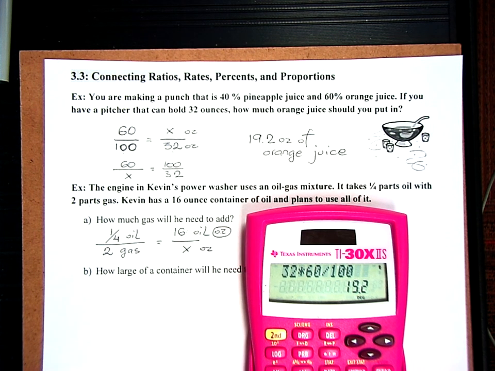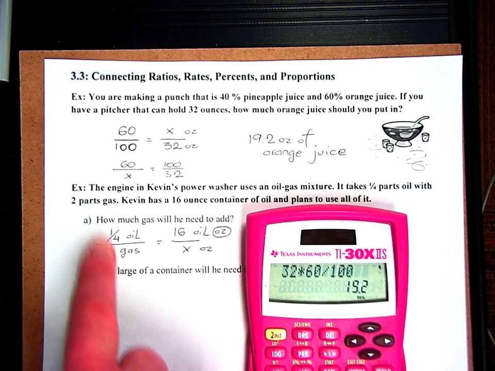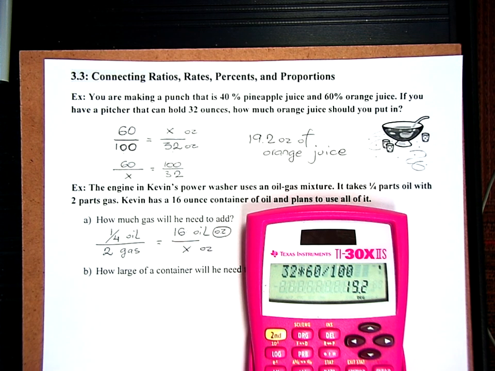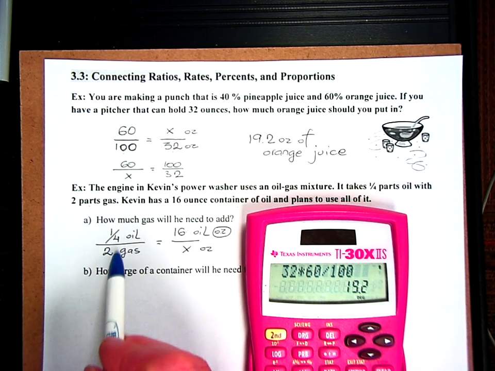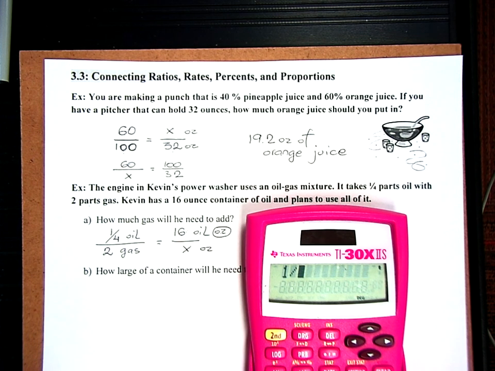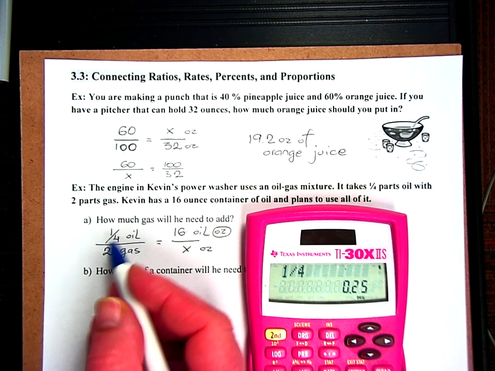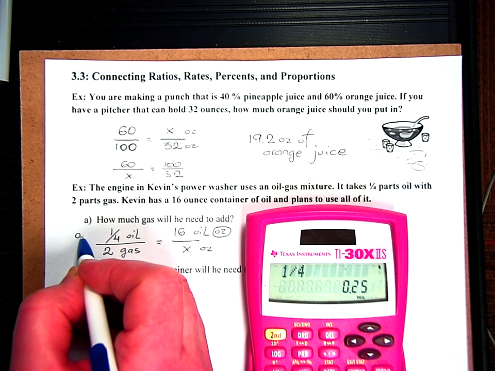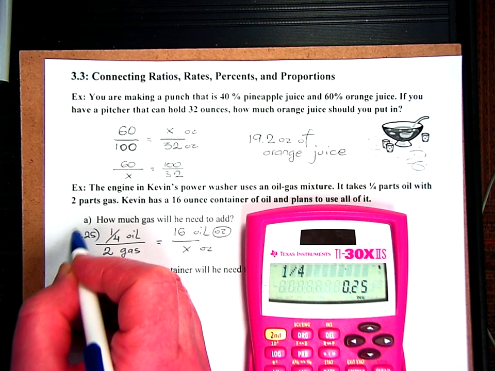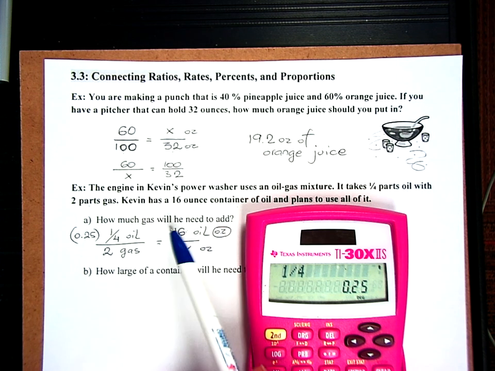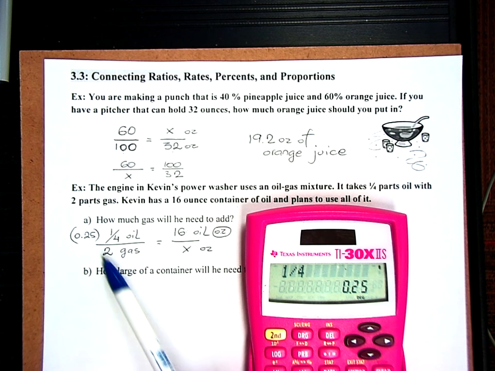Now notice this, 16 times 2, we need to divide by 1/4. All right? Now keep in mind, you can do that different ways. You can actually divide 1 by 4 right away and change it to 0.25 because that's the same thing. And then you would do 16 times 2, divide by 0.25.